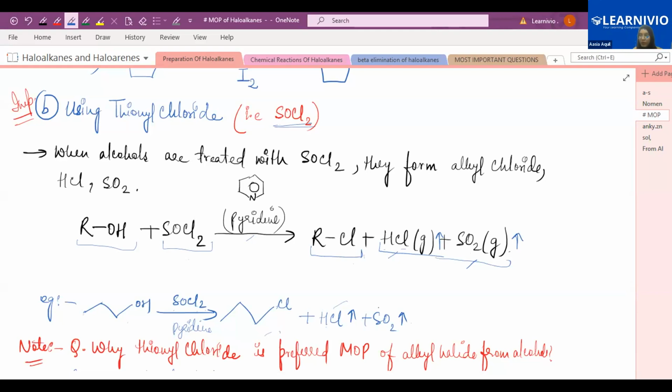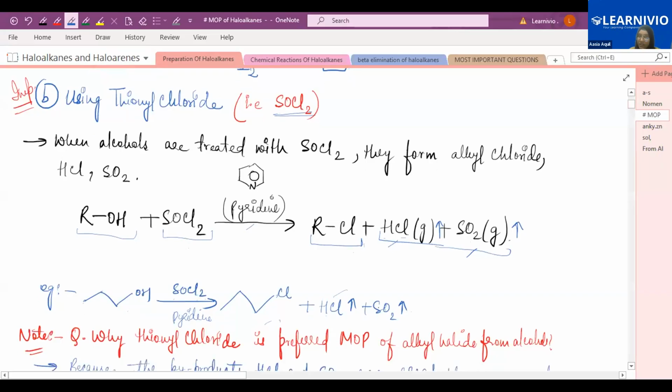All the byproducts are in the gaseous phase, so they easily evolve out from the reaction. Is it clear? That's why this method is preferred above all the methods.